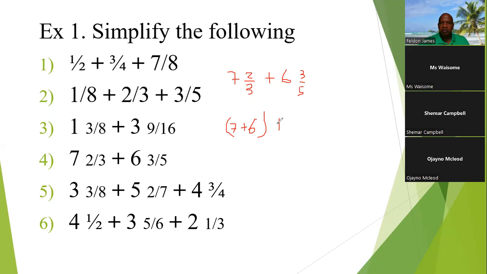And then now we would have the fractions added separately by themselves. So we have 2/3 plus 3/5.